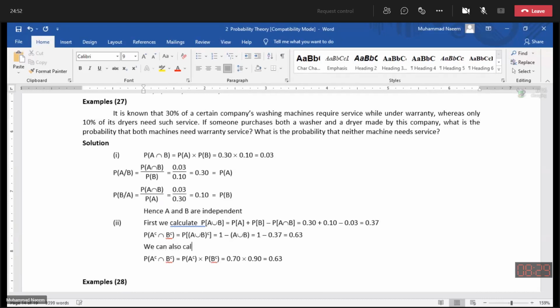We can also calculate this directly by multiplying the respective probabilities of the complements.